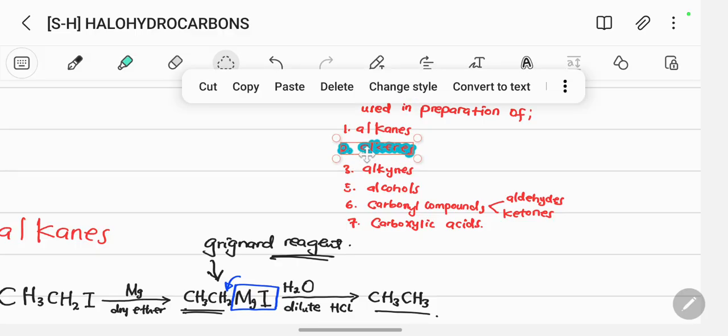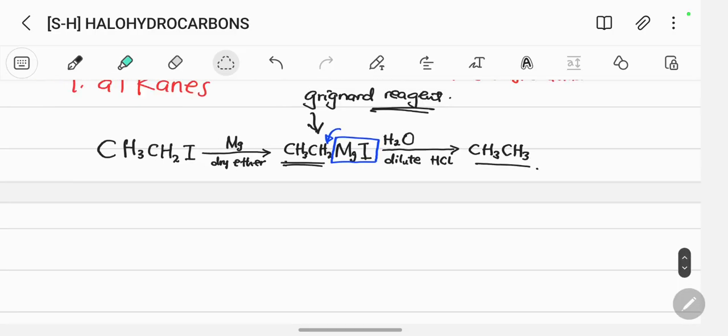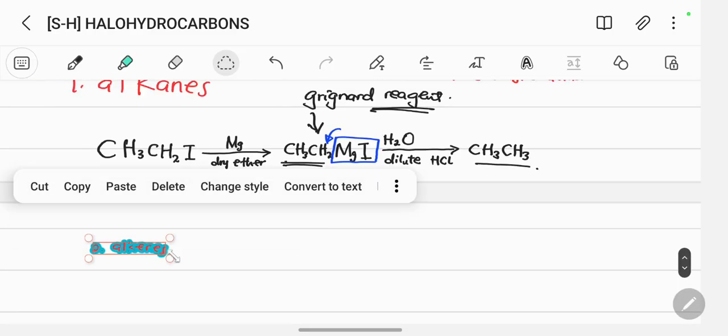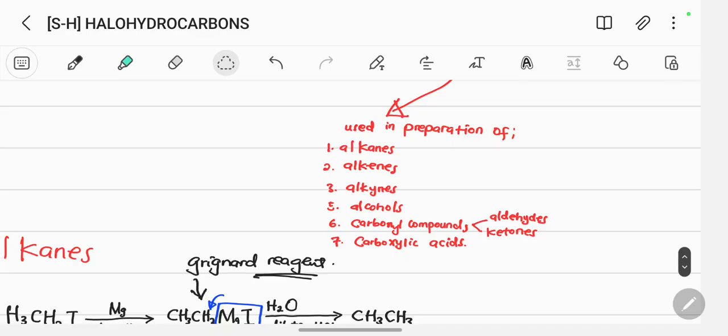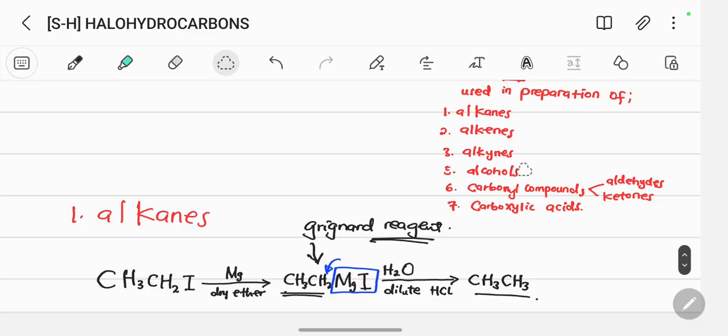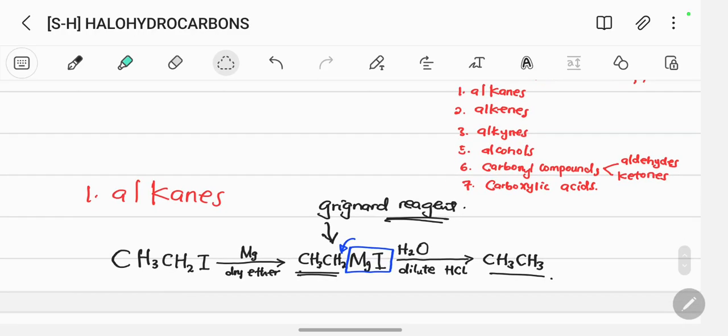I'm going to preparation of alkenes. Let us first cover this part. I'm moving to preparation of alcohols. Why?